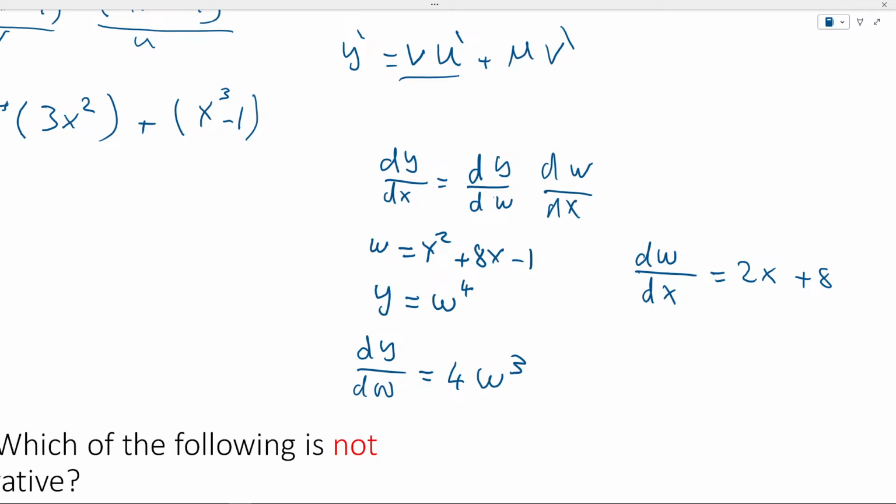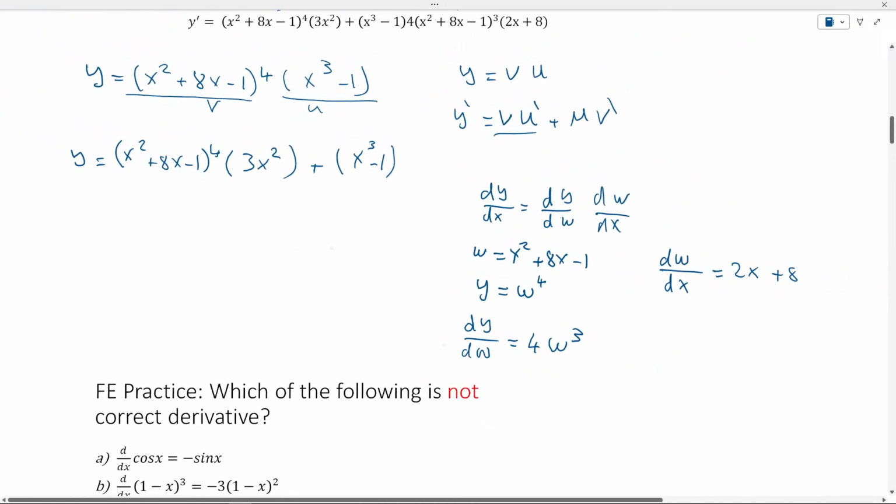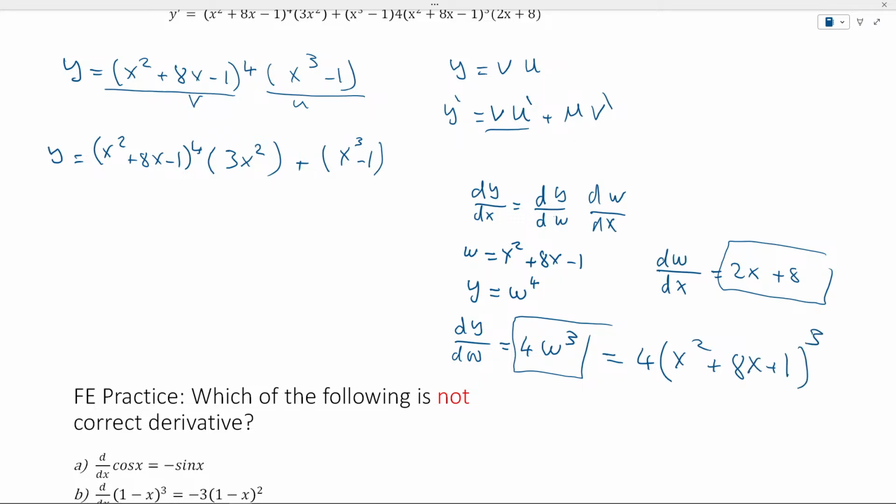That will give me dy with respect to dx, which is dy with respect to dw times dw with respect to dx. And of course, I can substitute my w, so I can say (x squared plus 8x plus 1) to the power of 3.